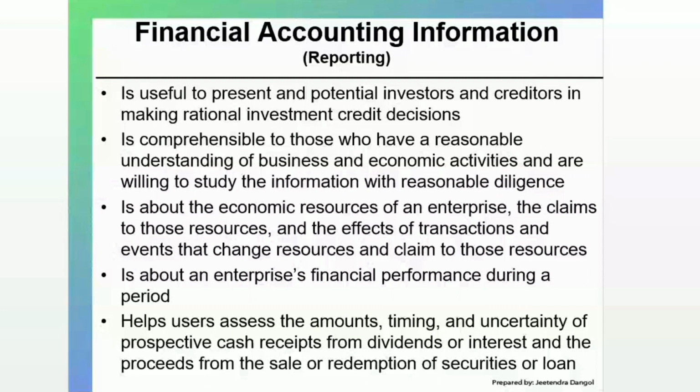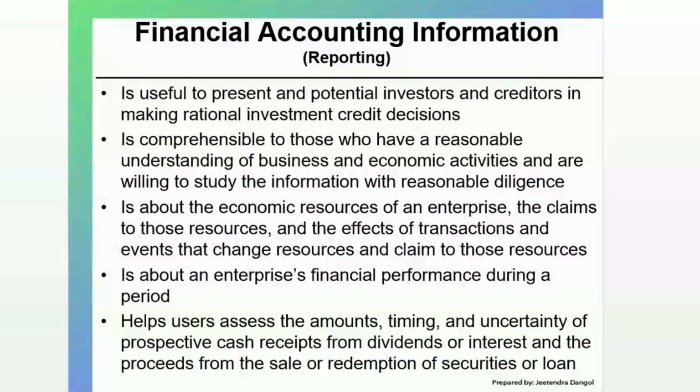So Nepal Rastra Bank also uses the accounting information. Why is it so? Because they want to know how the deposit has been increasing or decreasing so far, the lending so far, and what the situation of liquidity in the financial market is. There are a lot of things. A lot of institutions and interested persons use the accounting information. When we are talking about customers, customers also use the accounting information. Why is it so?